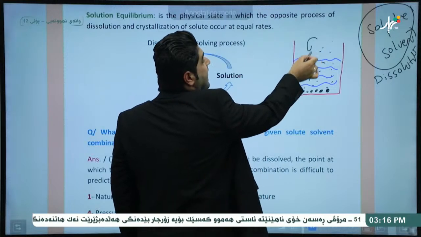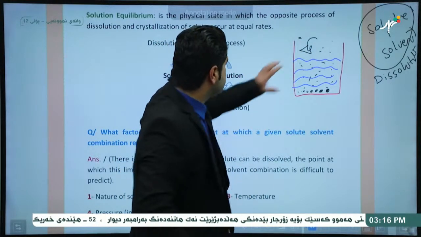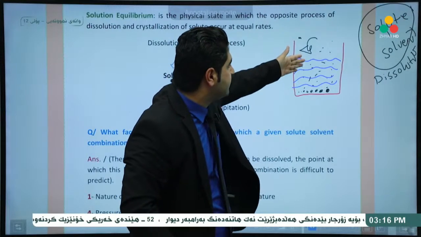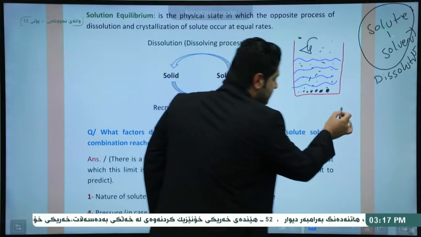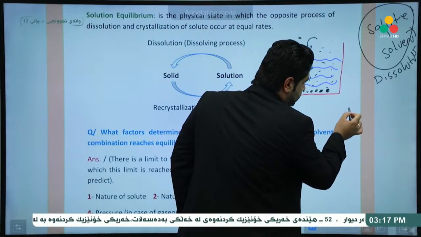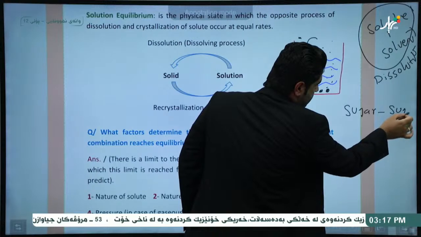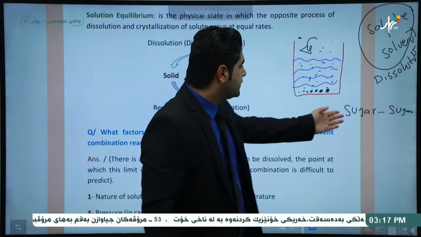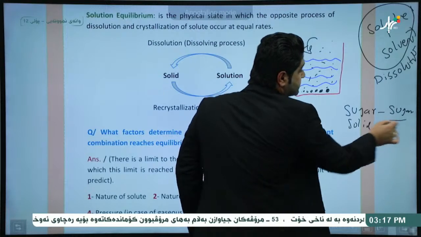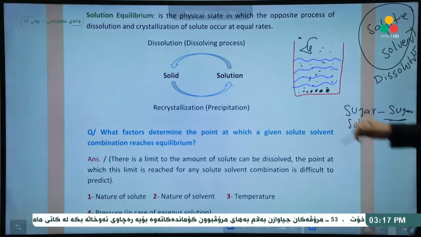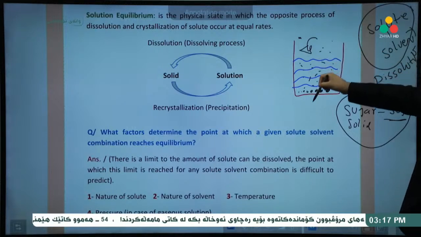When we add more sugar, instead of being exposed to the solvent, it will be exposed to its solute, sugar by sugar. So the collision will be between sugar solid, this new sugar, and the dissolved sugar inside of the solution. So it cannot be dissolved, so immediately it will be precipitated to the bottom.